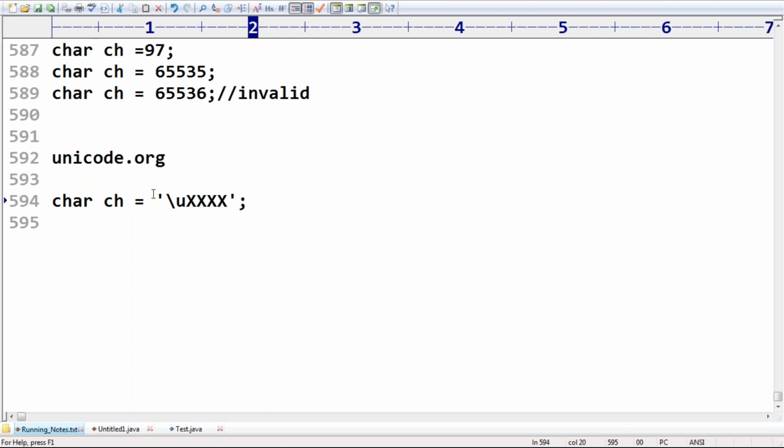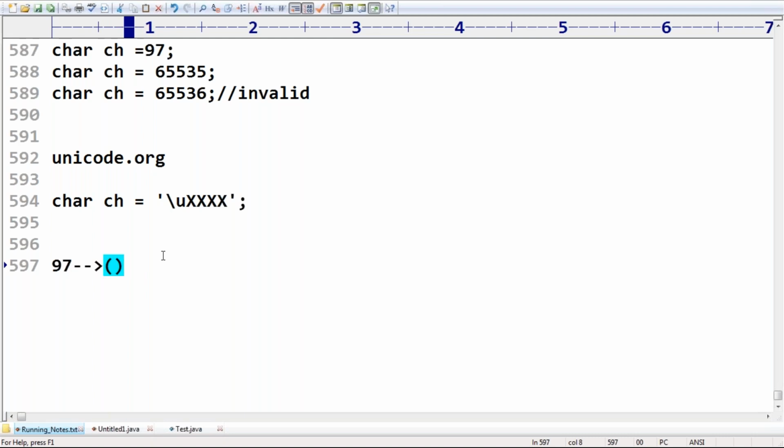Observe carefully. Suppose 97 is there. How can you represent it in this style? Can you please guide how to represent 97 in hexadecimal form? A 4-digit hexadecimal number is required. If you have a decimal number and want to convert it into a hexadecimal number, how can you do it?